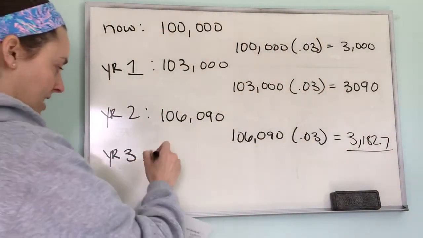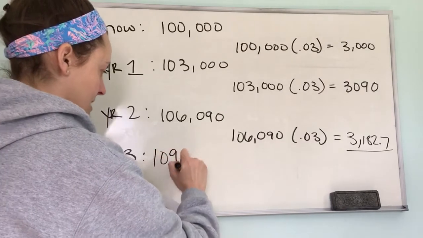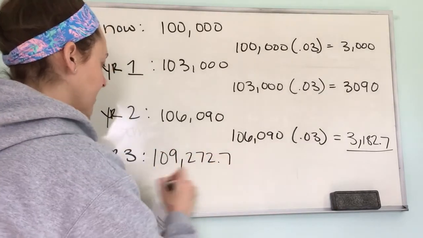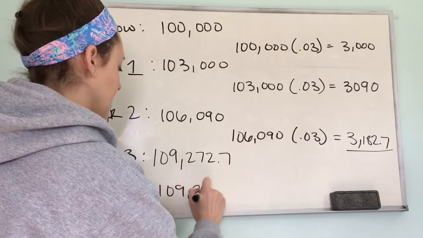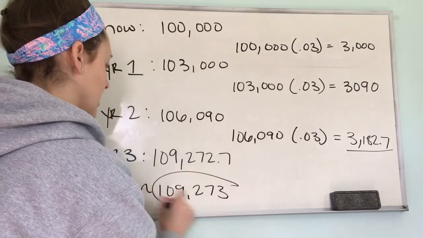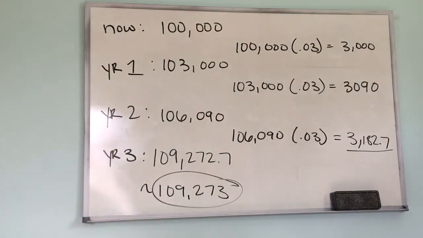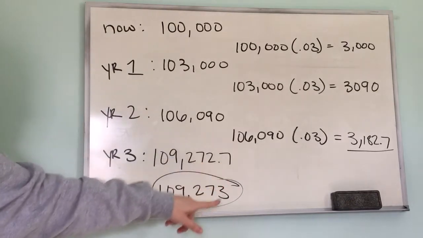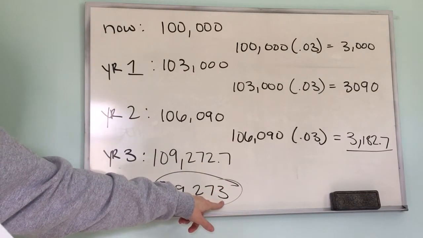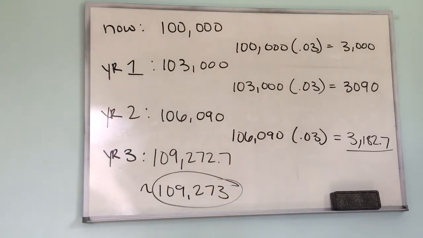So when I added those together, I got 109,272.7, or about 109,273. Just watch for how they want you to round, to the nearest tenth or to the nearest integer. Remember, integers are 0, 1, 2, 3, -1, -2. They don't include decimals. They don't include fractions.